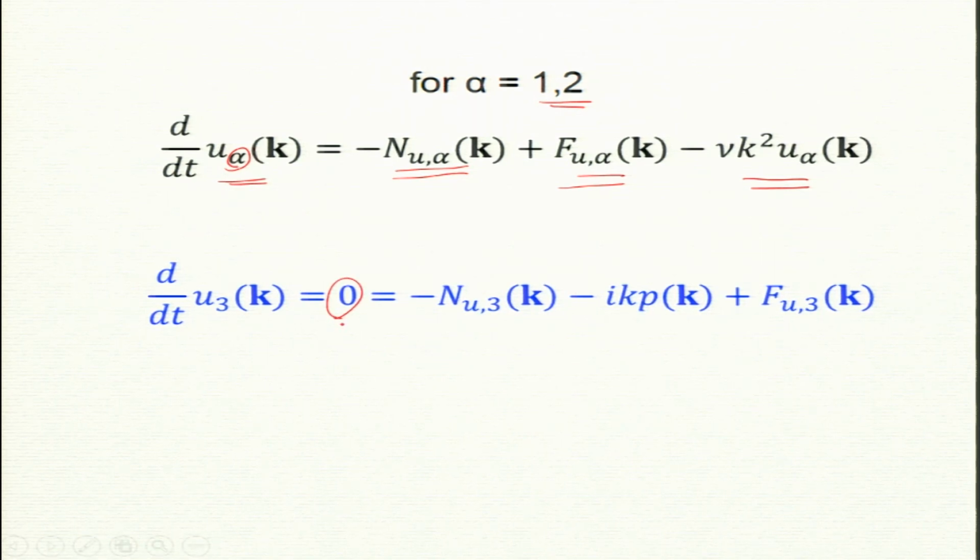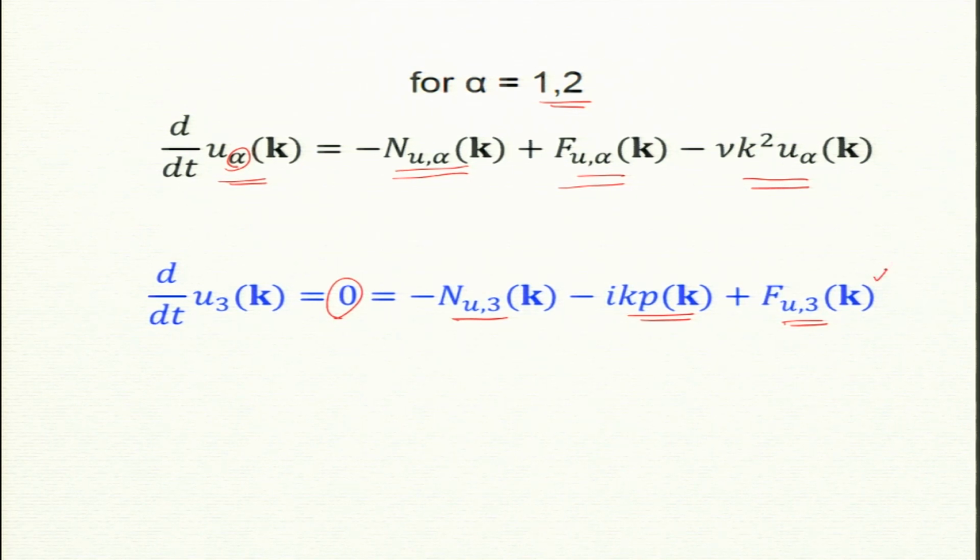But the nonlinear term can have a component along 3. So this is what, when you do this calculation, you find that the nonlinear term has a component along U3, E3, that will be balanced by pressure and force together.